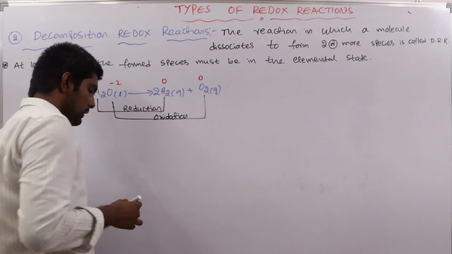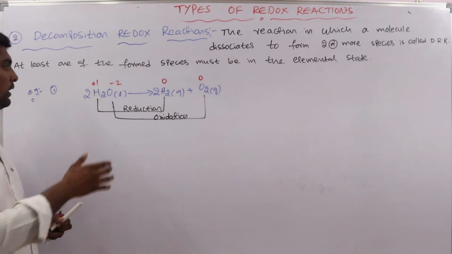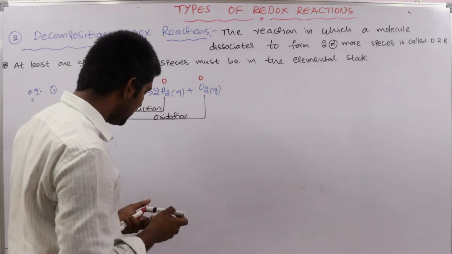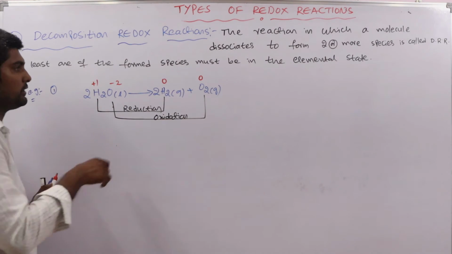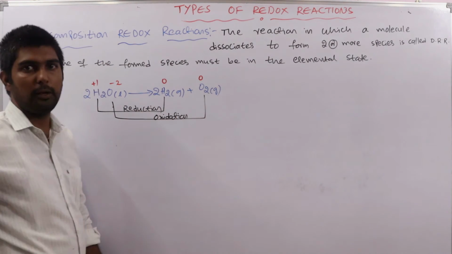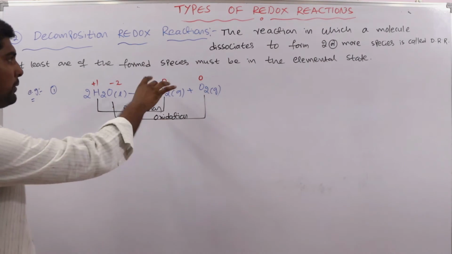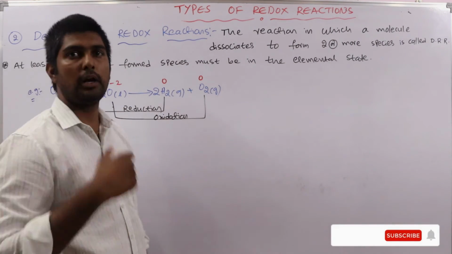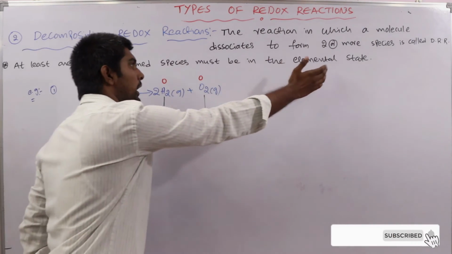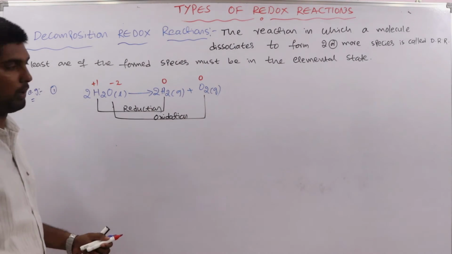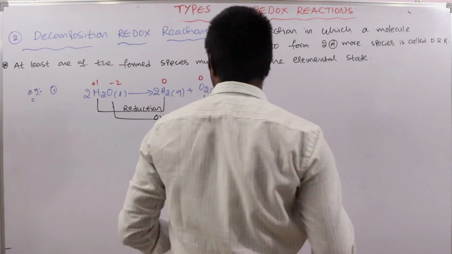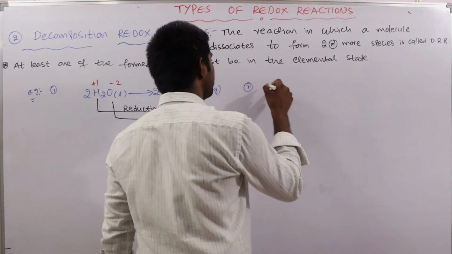So this is a redox reaction. One is undergoing reduction, another species is undergoing oxidation, and here 2 are present in the elemental state. What is the condition? At least one of the formed species must be in the elemental state. Here 2 are in the elemental state, no problem. Clear?